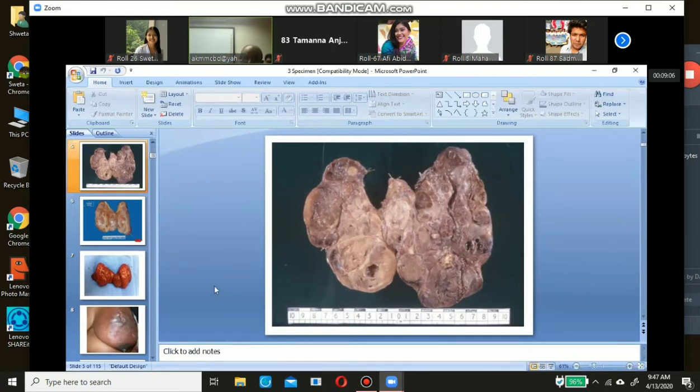Then remember, if you can identify a thyroid, you see the two lobes and the isthmus. This is the very typical shape of thyroid. Therefore, it is thyroid, and I have already told you that if it is thyroid, you can almost blindly say that this specimen is a multinodular goiter, and then you write down the other things.